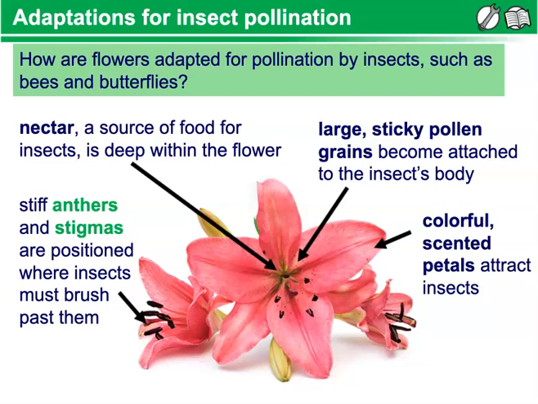Oftentimes there are colorful scented petals that attract insects to the reproductive parts of the flower. And there are also stiff anthers and stigmas that are positioned where the insect must brush past them as it enters the flower.